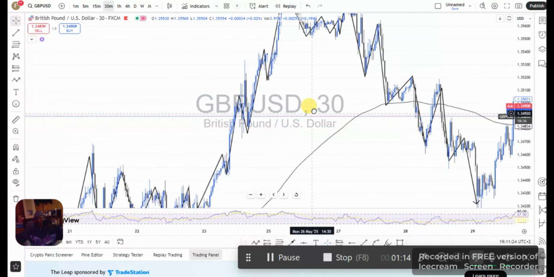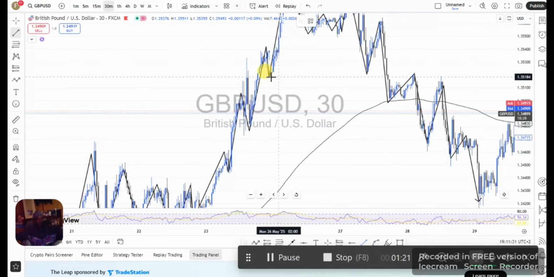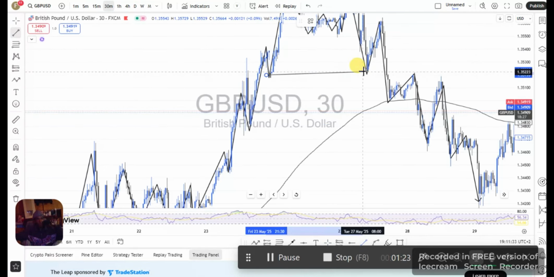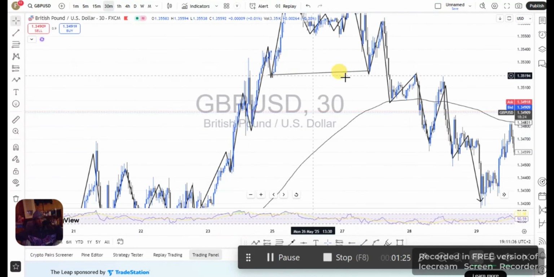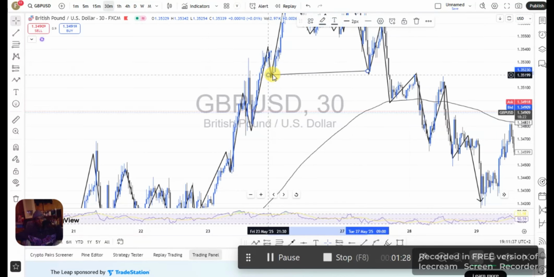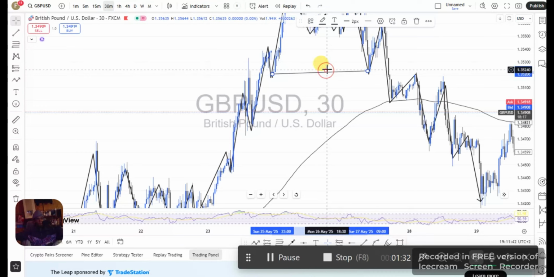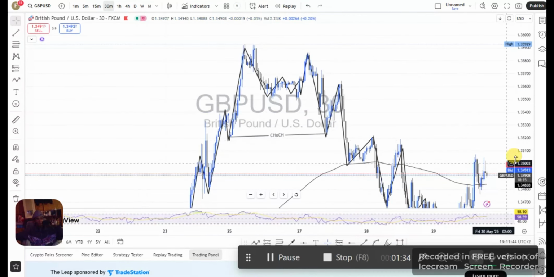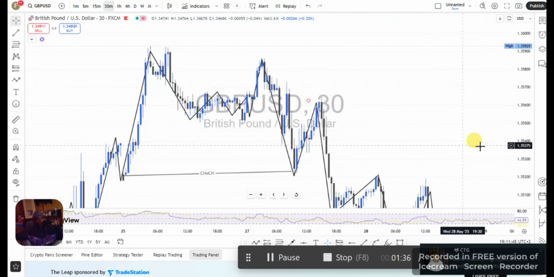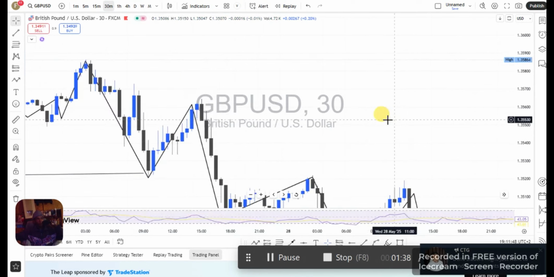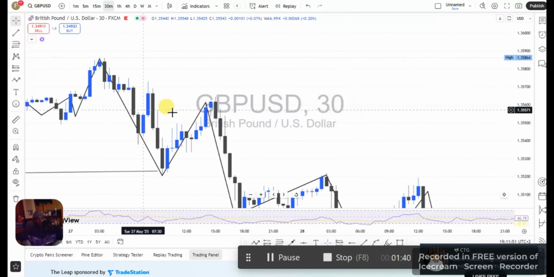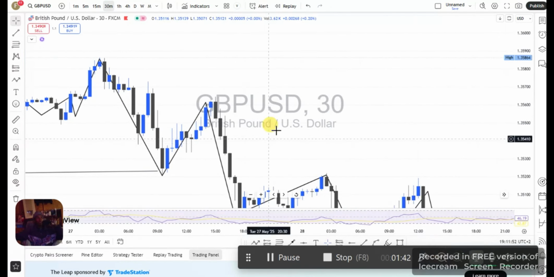And then after that you wanna see where your change of character is, which is here. This is a change of character right there. And then an order block is something like this.